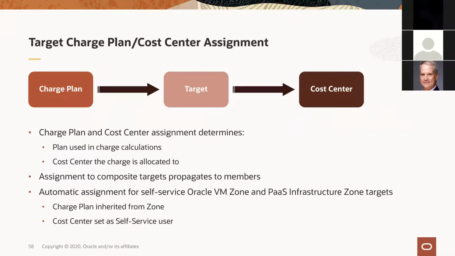We use those charge plans when we do the calculation, and then we roll up all the costs to each cost center, and at the end, everything will be charged at the top level. And you can create charges for certain cost centers. You can send a bill to a certain cost center in this way.